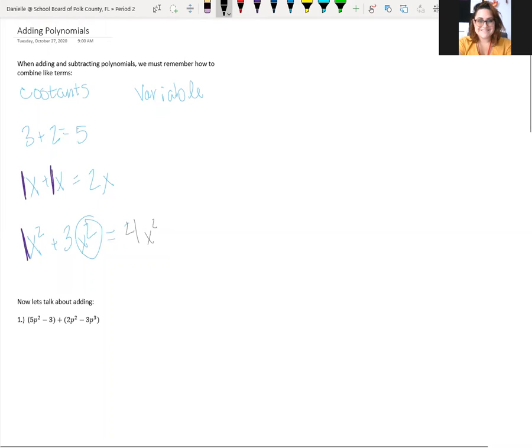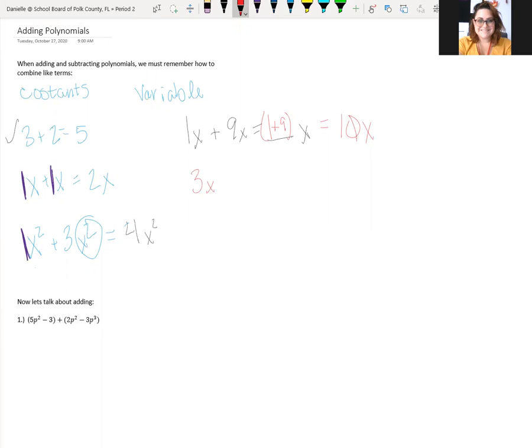So let's review. I feel like we're pretty good with constants. Let's review these last two a little bit before we move on. So if we had 1x plus 9x, this is going to give us something x, and this would be 1 plus 9, which gives us 10x. And it would be the same thing if we had a variable raised to a power.